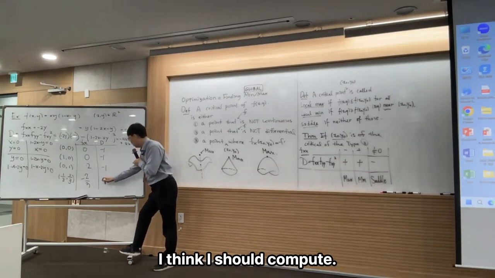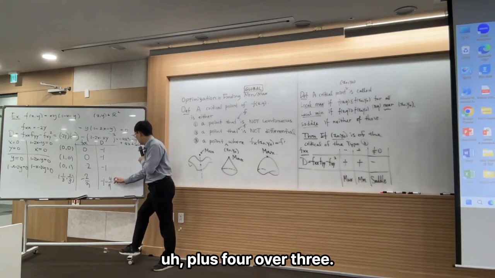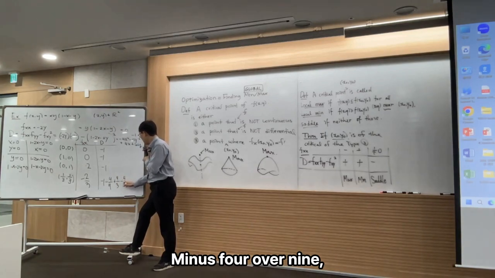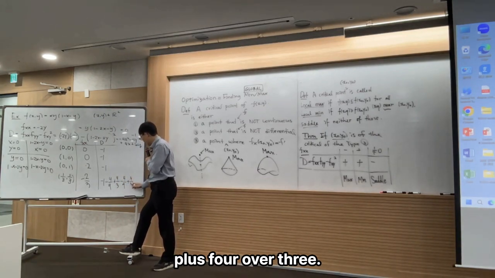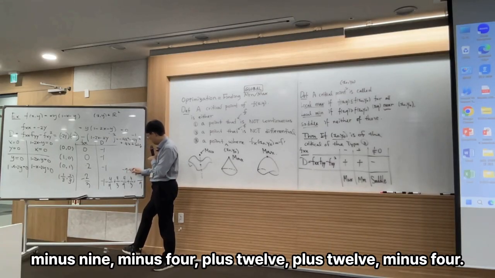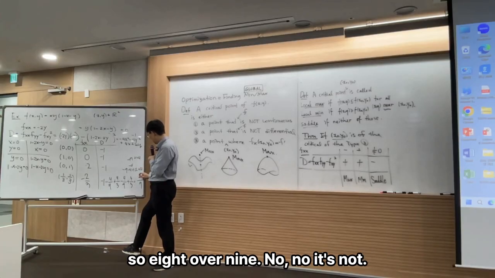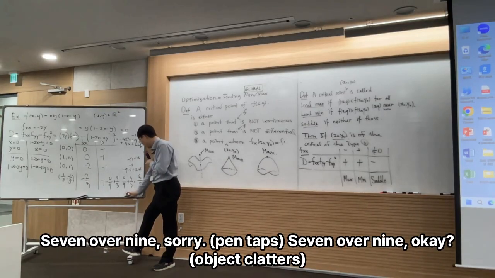I think I should compute. So minus 1 plus minus 4 over 9 plus 4 over 3 minus 4 over 9 plus 4 over 3. Okay, so this one is minus 9 minus 4 plus 12 minus 4 plus 12 over 9. So this one is minus 17 plus 24, so 7 over 9.